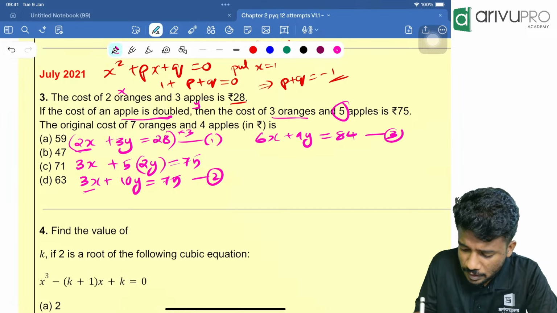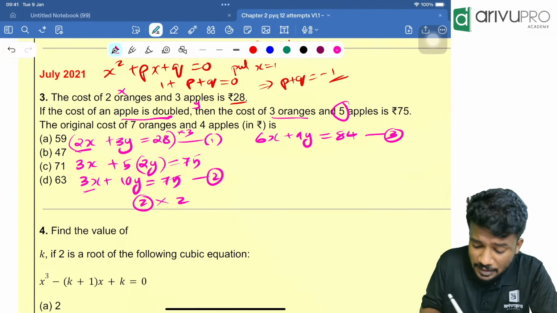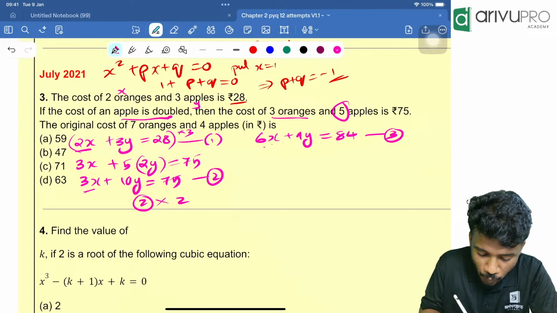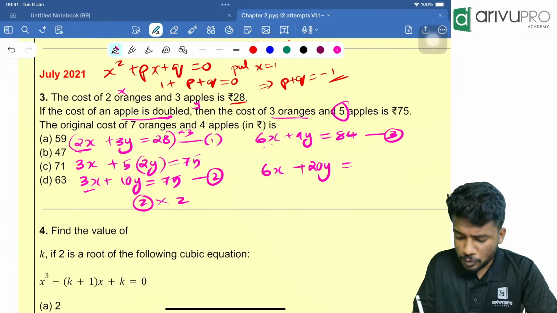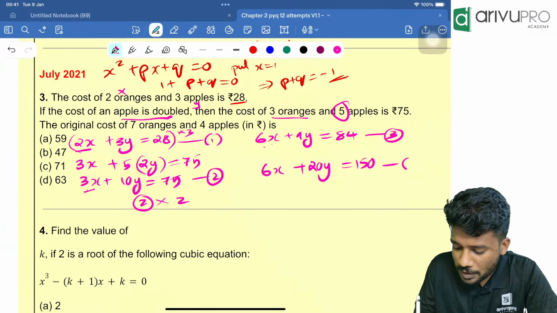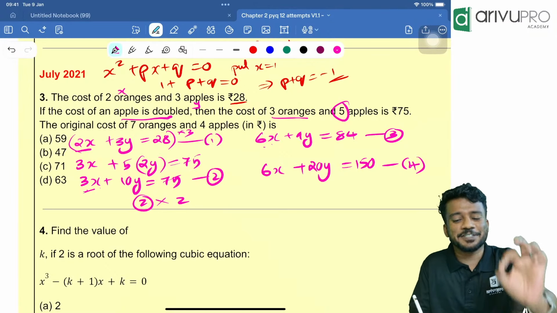Let it be equation 3. Then second equation I am multiplying with 2, because I want to eliminate 6x. So this 2 into 3 will become 6x plus 20y, which is equal to 75 into 2 is 150. Equation number 4. I'm showing first method. I'll show you multiple methods as I told you.